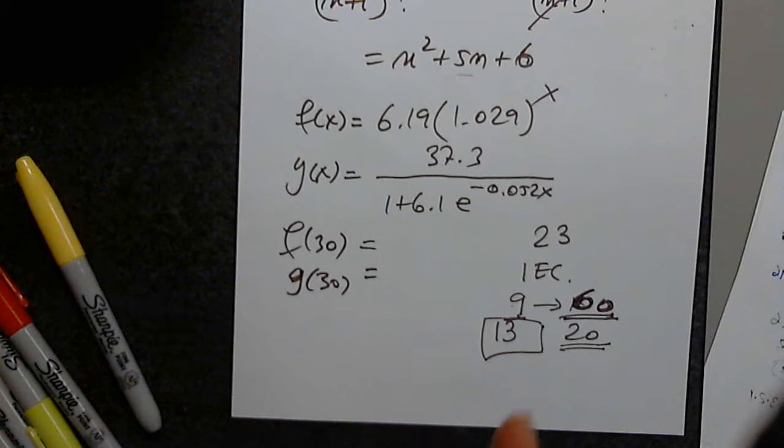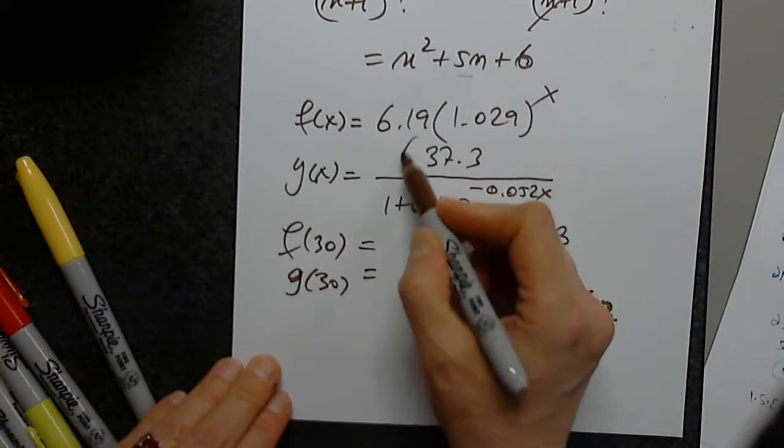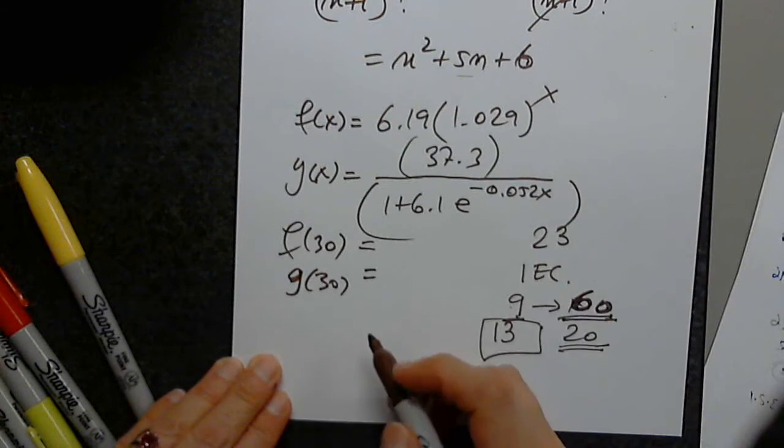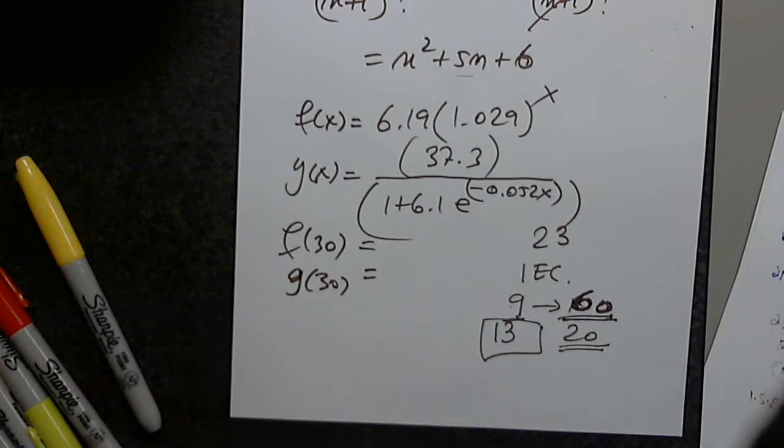But now the difficulty here, because all problems are different. If you don't put parentheses around the top and parentheses around the bottom and parentheses around the power, you are not going to get it. So you have to be very careful. So let's do that.